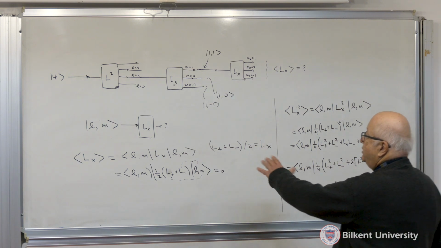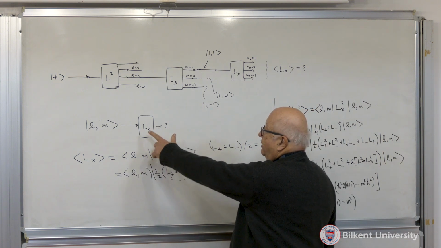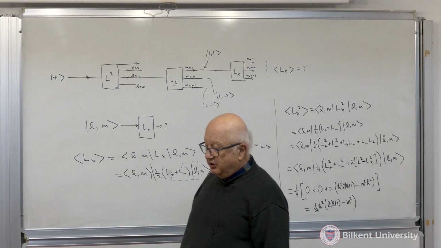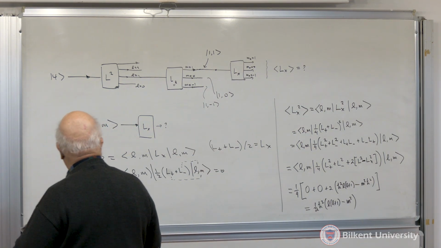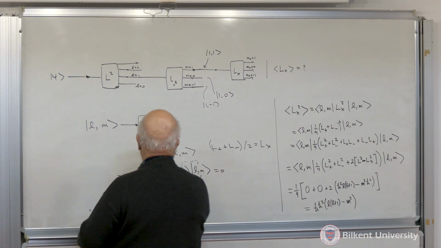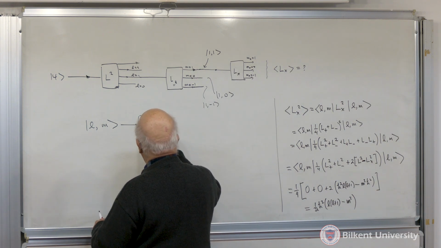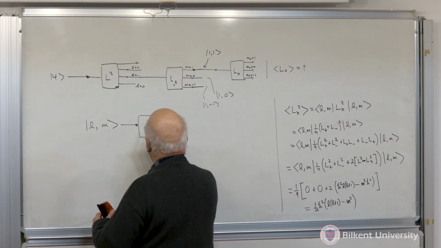So if I measure Lx, I am going to get 0. But if I change my experiment just a little bit, let me erase this piece, and now I am measuring Lx squared.